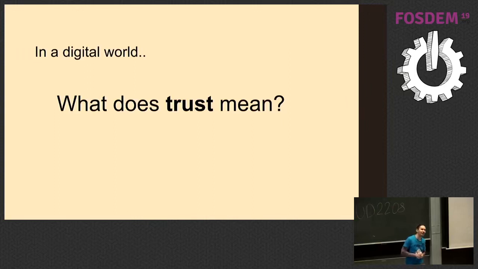How does the consumer decide to give trust to the website right up front when they first see the dialogue? They don't have enough information to know, do they trust this website enough to give it consent to track them or to personalize their ads or whatever.